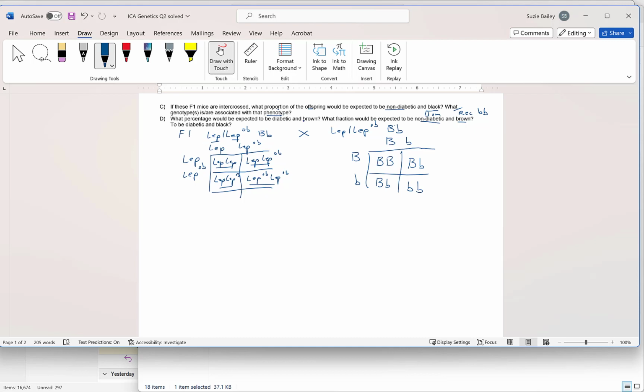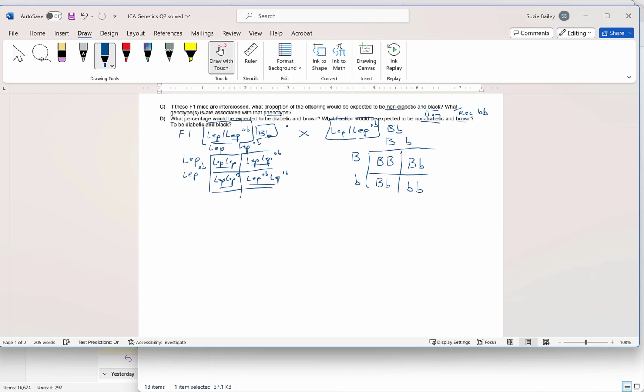And so we can think about this cross and break down this cross as sort of smaller Punnett square crosses where we're just focusing on one gene at a time and thinking about the probabilities of ending up with different offspring, one gene at a time, and then combining those probabilities together to account for all genes of interest here.